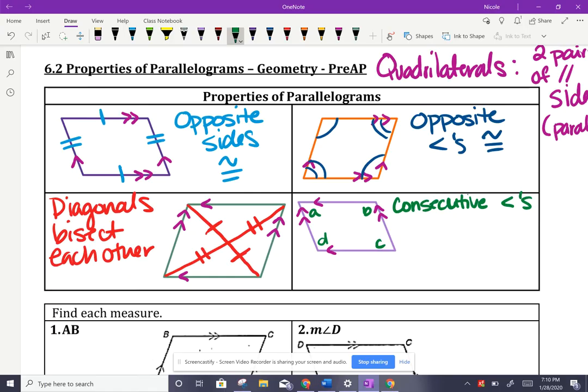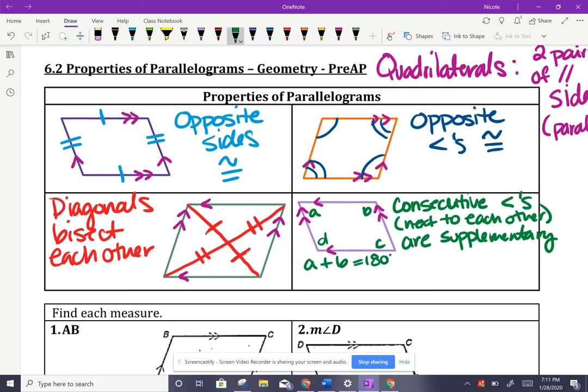Consecutive angles, if you don't remember, are the ones that are next to each other. The angles that are next to each other are always supplementary. So angle A is next to angle B, so those 2 add up to equal 180.